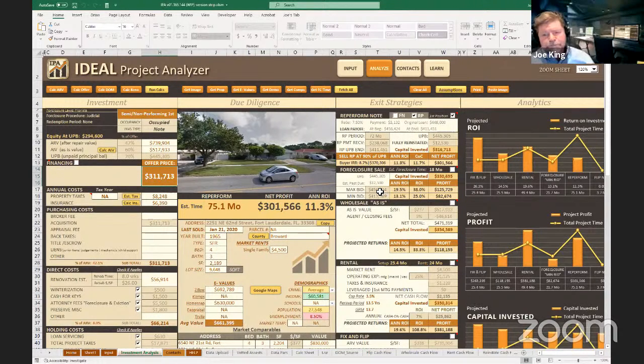It's because you're only entitled to the unpaid principal balance plus your legal fees, your arrearages, any kind of advances and so forth, or anything that you've put onto the back end of the loan. That's what you're entitled to. You're not entitled to everything. Once you hit that maximum bid, anything above and beyond that goes back to the borrower.